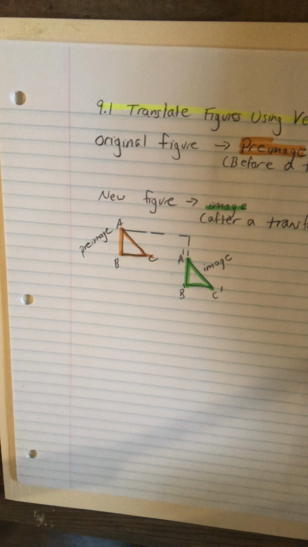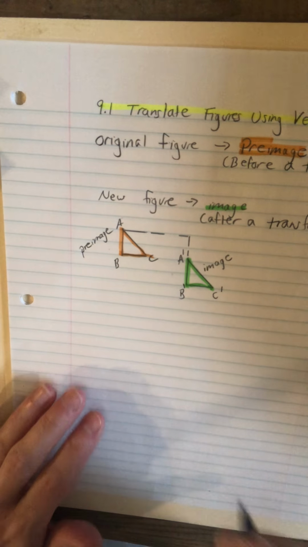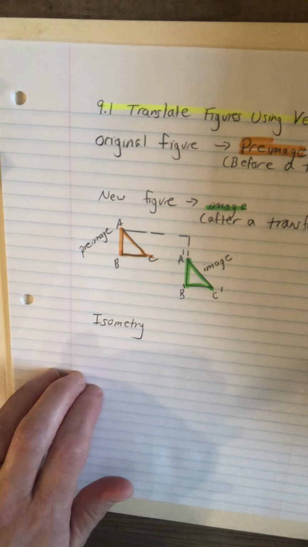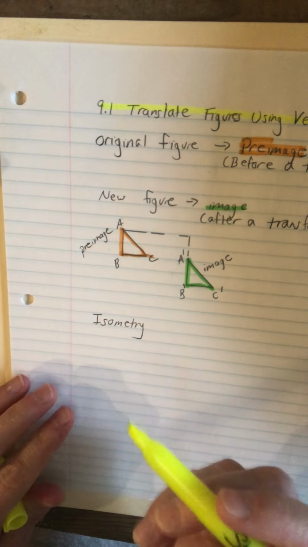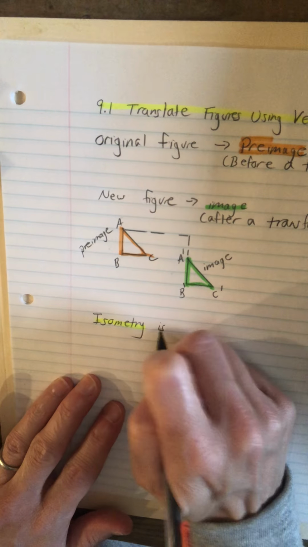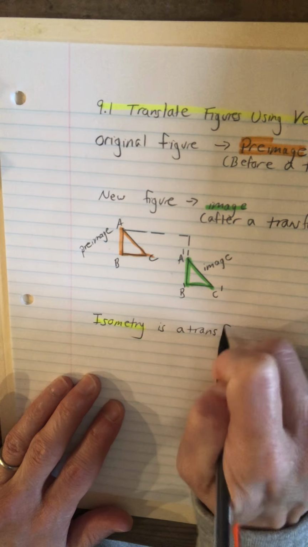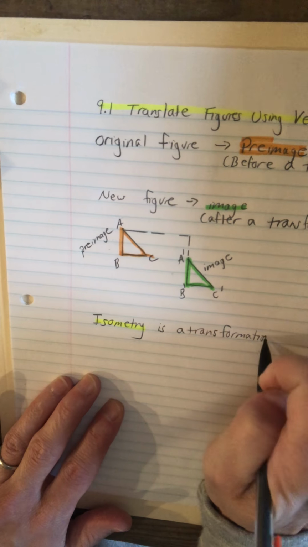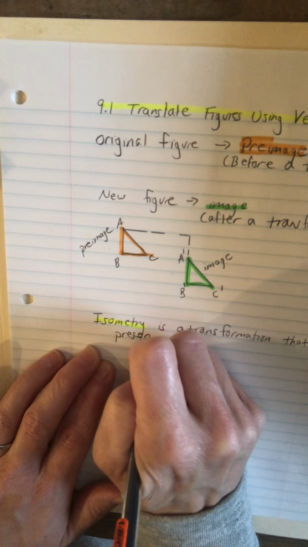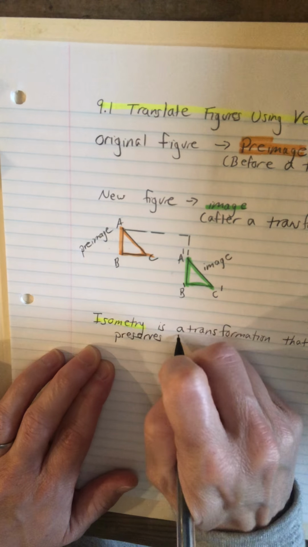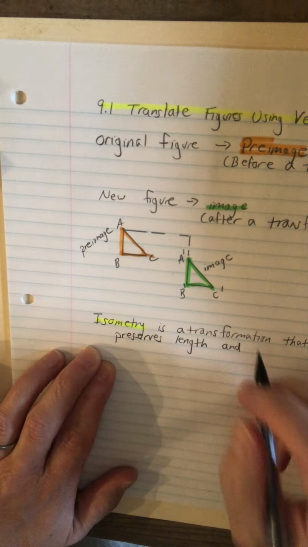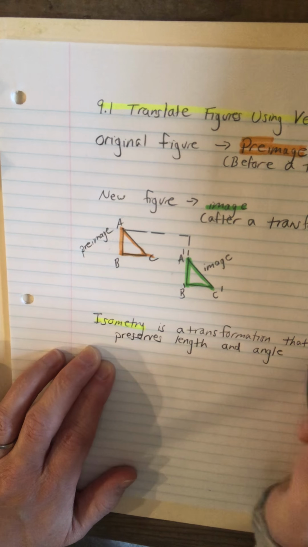Now, the other thing we're going to look at is a term called isometry. What isometry means, it's a transformation that preserves length and angle measurement. So it's going to preserve congruence. It is a transformation that preserves length and angle measures.